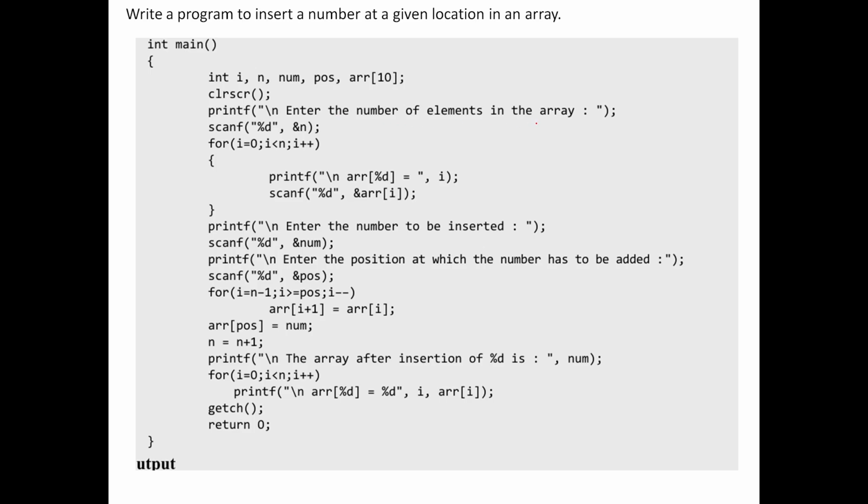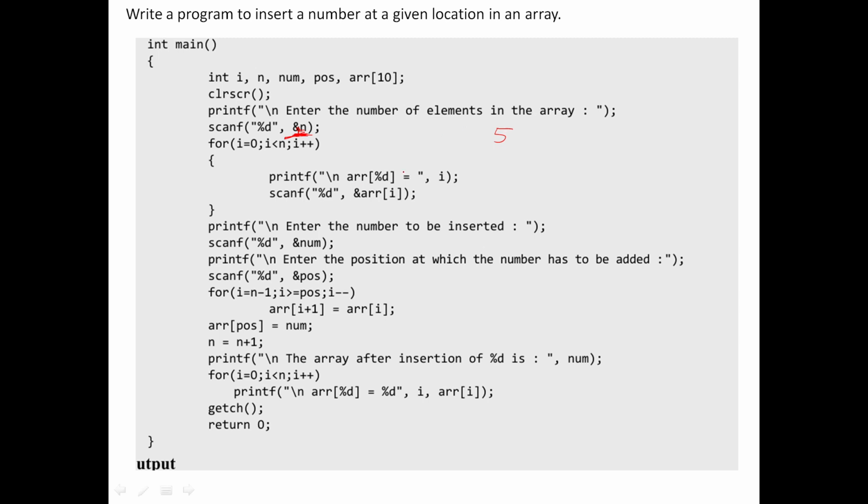Enter the number of elements in an array. We are asking how many elements are there in the array, and then reading that number into n. Then using a for loop, we are reading what those elements are. Suppose I say there are 5 elements in the array.